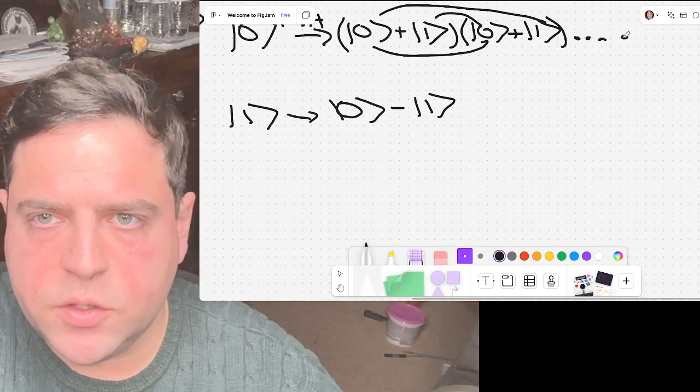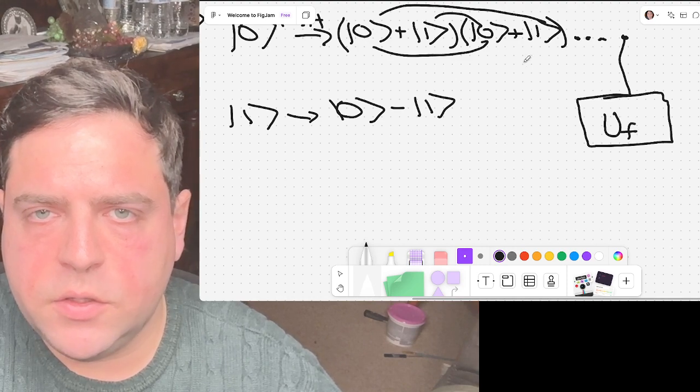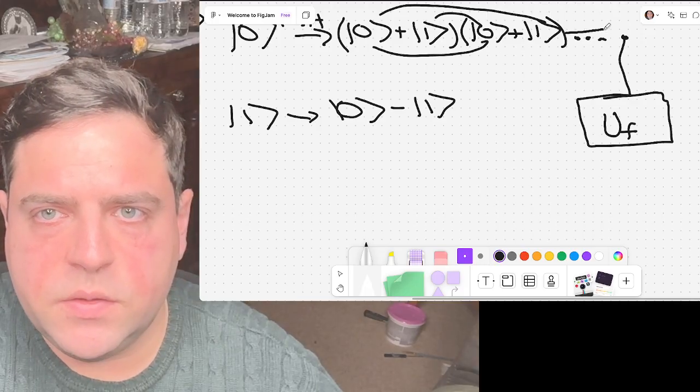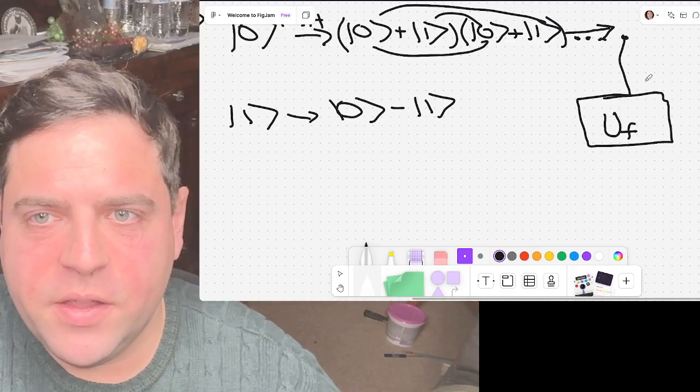Now at this stage, we have our controlled unitary. You have f, there it is. And we'd like to use this mess as the control for our gate here.